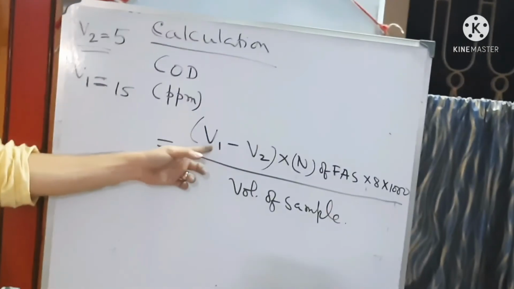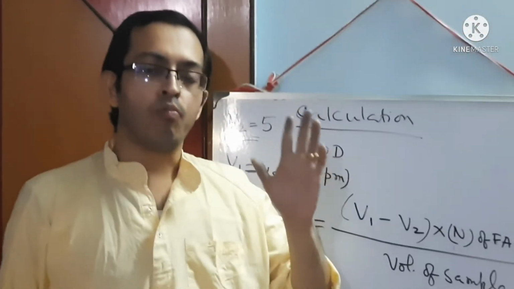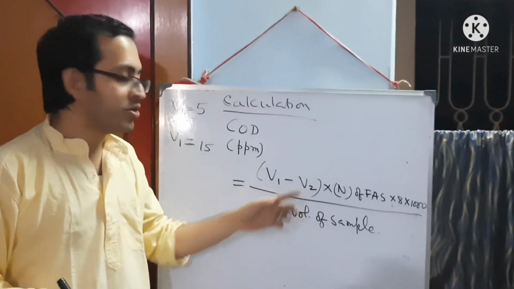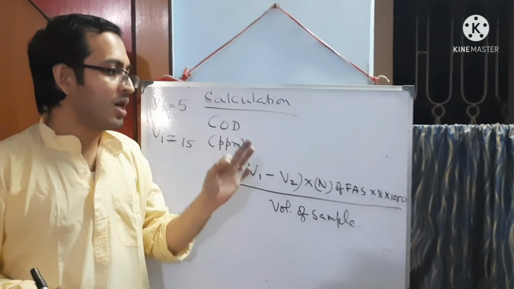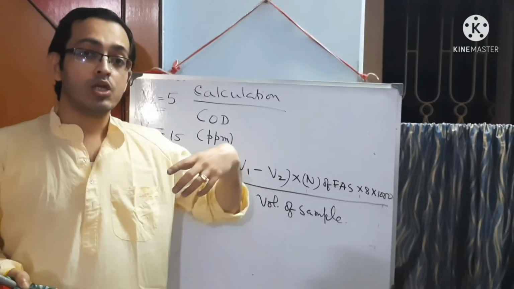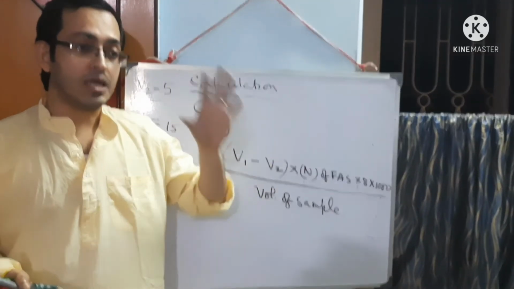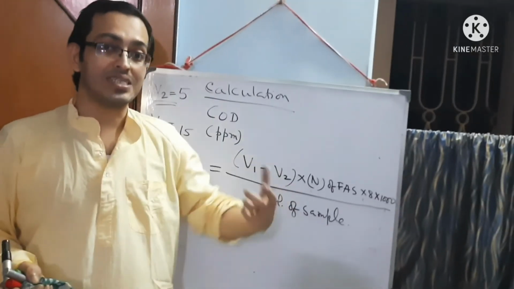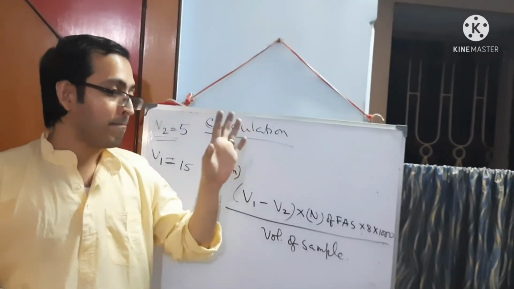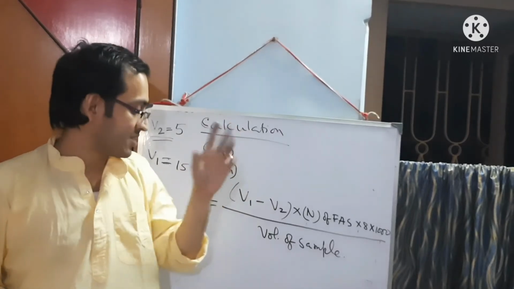So V1 is the mean burette reading for blank titration, and V2 is the mean burette reading for the titration of the sample water you are given. The sample titration is also known as back titration. So V2 is the mean burette reading of your back titration in sample titration.